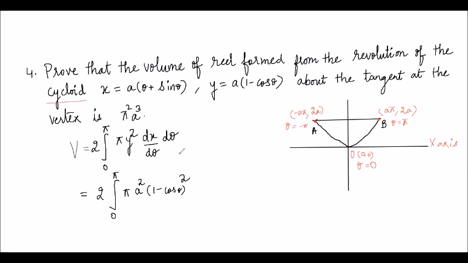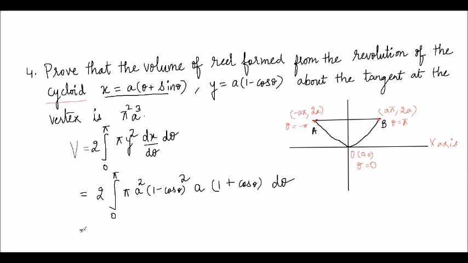We need dx by d theta. Let us evaluate dx by d theta from this x. Again, we will have one a, and the derivative will be 1 plus cos theta, and then we have d theta.